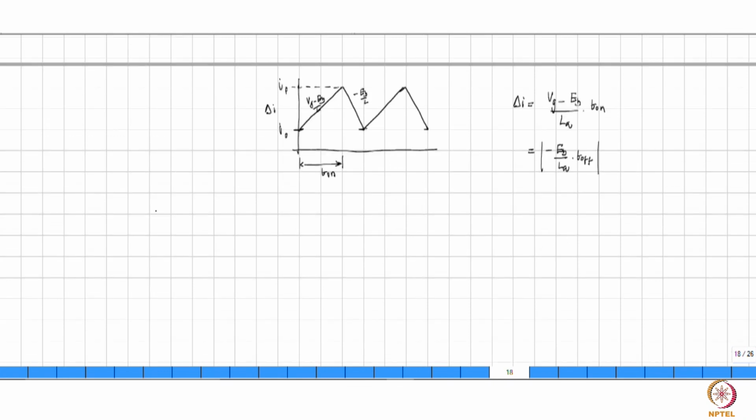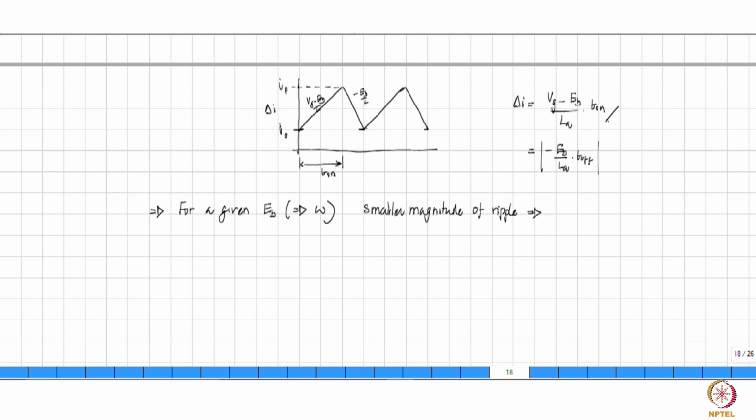Right? So it means for a given Eb, which implies for a given speed of operation, if you want smaller magnitude of ripple, how can you achieve smaller magnitude of ripple?